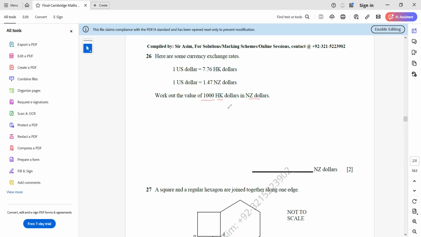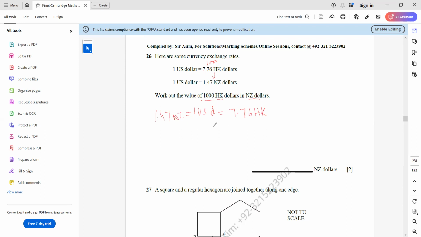Okay. You need to have 1000 of these converted to New Zealand dollars. That means 1 US dollar equals 7.76 Hong Kong dollars. And 1 US dollar is also equal to 1.47 New Zealand dollars.